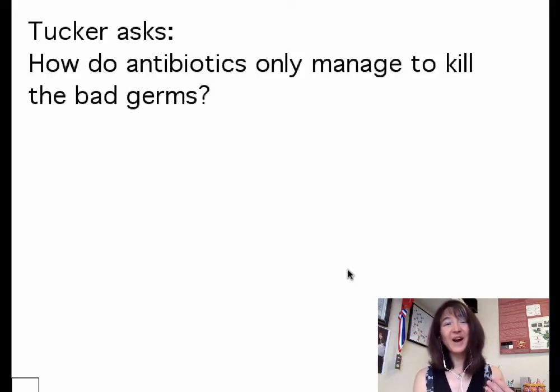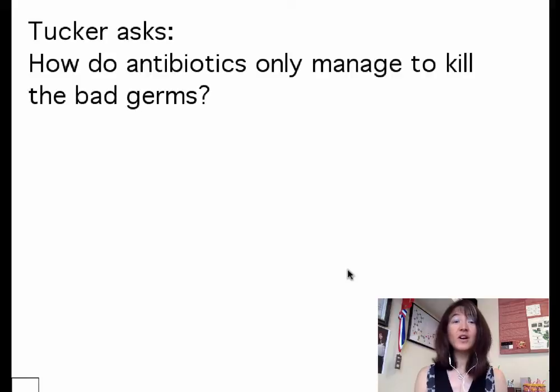And this is wherein lies the problem, or one of the many problems with antibiotics, is that when you do take antibiotics, they also kill much of your microbiota. So many of the bacteria that line your intestinal tract, they're inhibited or killed by those antibiotics, and others of your mucosal surfaces.